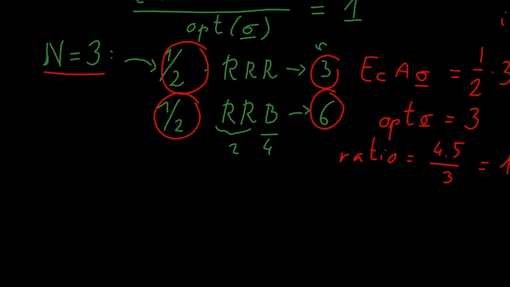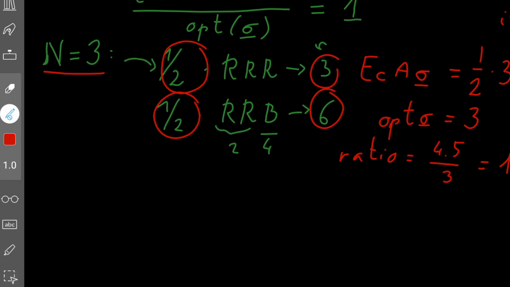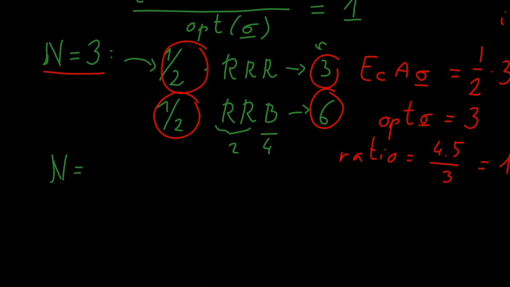But we haven't covered all the cases yet. So it's just if n equals 3, 4, let it be just at least 4. Then of course the optimum is 4. Now the algorithm's cost.